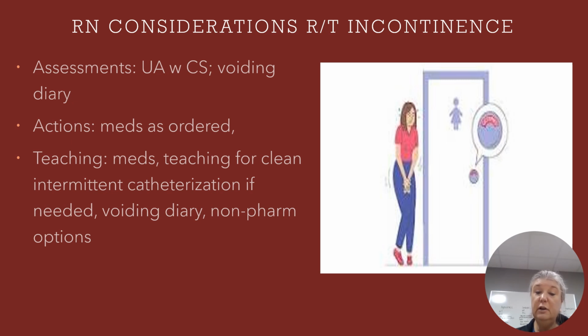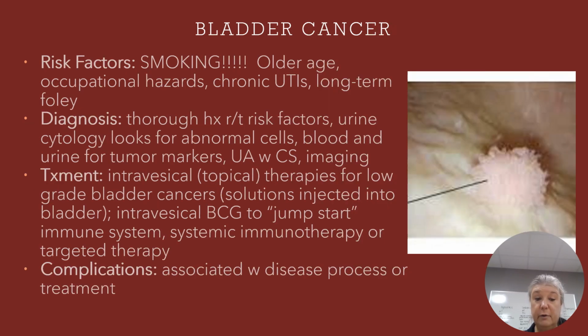And so given the close proximity of the urethra to the rectal area, that's our biggest concern, because E. coli is by far our biggest concern related to UTIs. Let's see, teaching is also we're going to talk about non-pharm options, and again with that voiding diary.